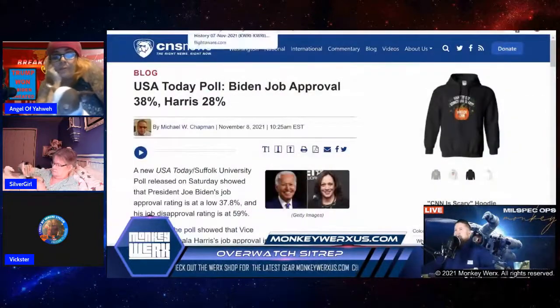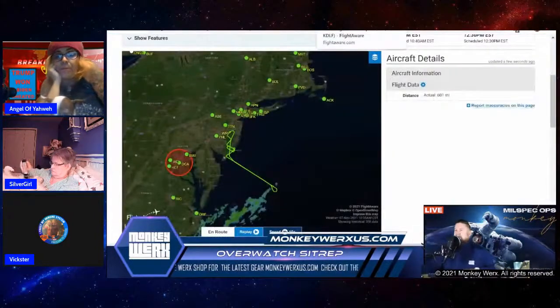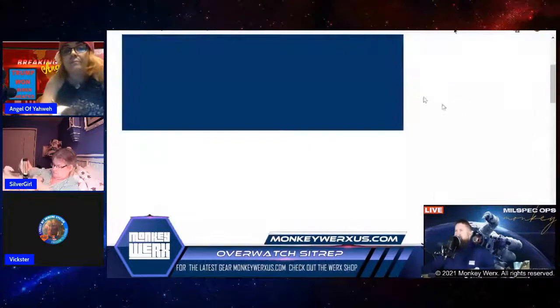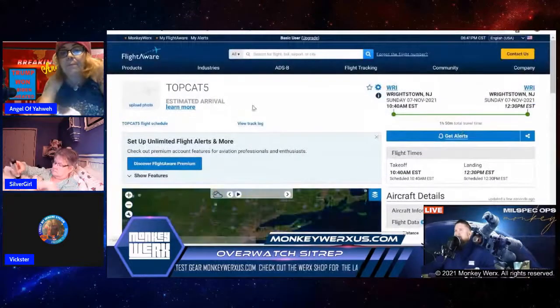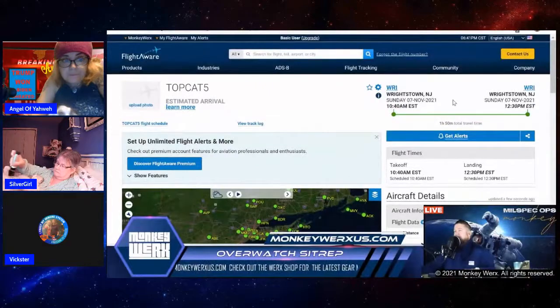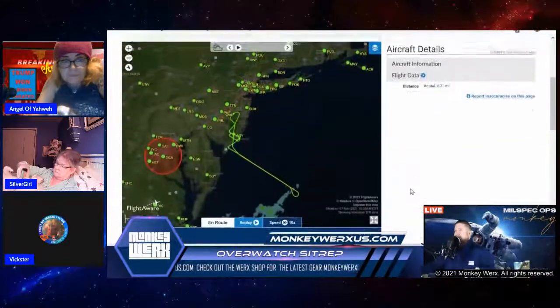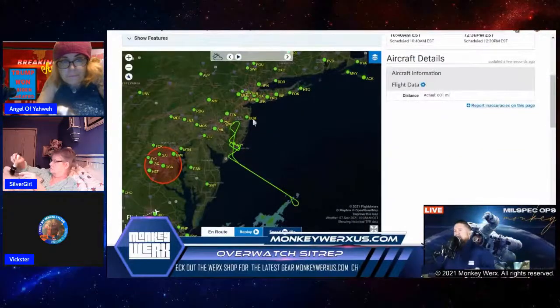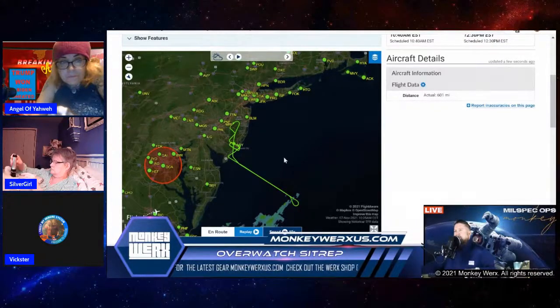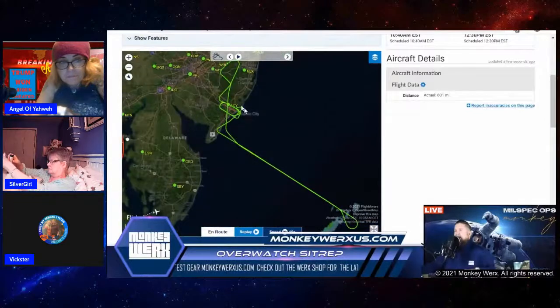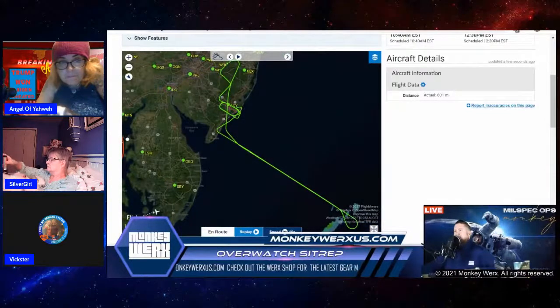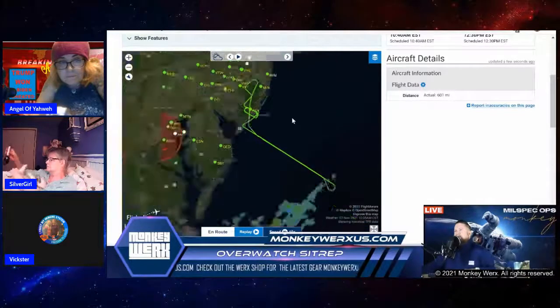Now, Top Cat, I just want to point this out. This was actually Sunday, sorry, yesterday. This is Top Cat. Remember, Flashbang was up here hanging out on the beach. That is an R135, Top Cat call sign, and it looks like he was running some routes in this general area, grabbing some data.